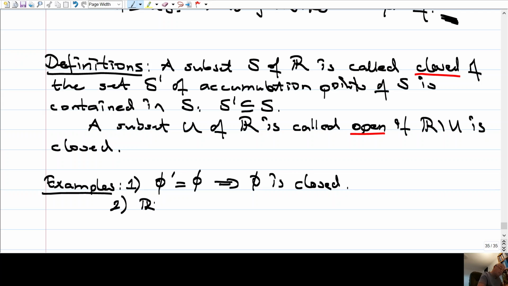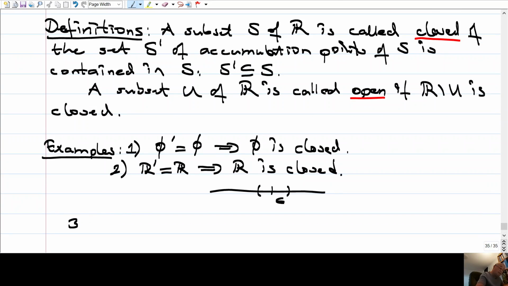The set of real numbers, on the other hand, what are the accumulation points of the real numbers? Well, if you take any point in the set of real numbers and any interval about it, this will contain infinitely many points from the real numbers. Therefore, any real number is an accumulation point. Therefore, they are equal, and therefore, this is closed.